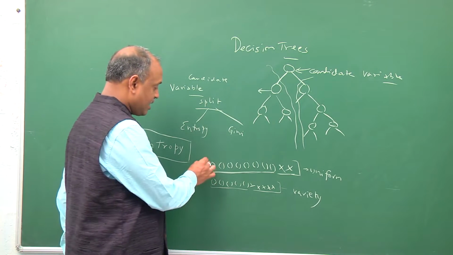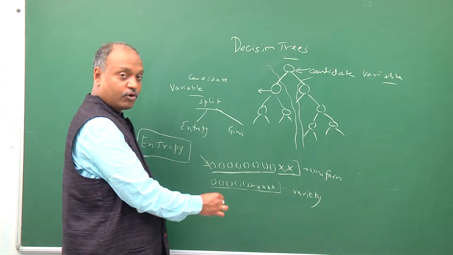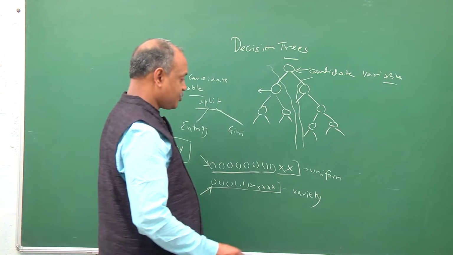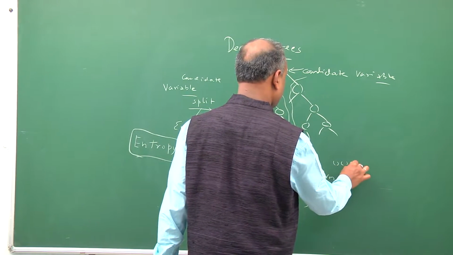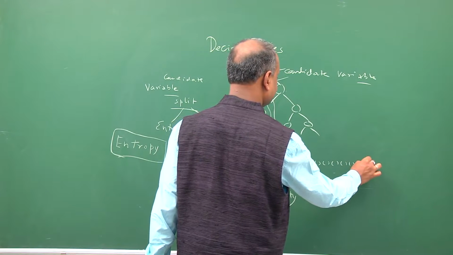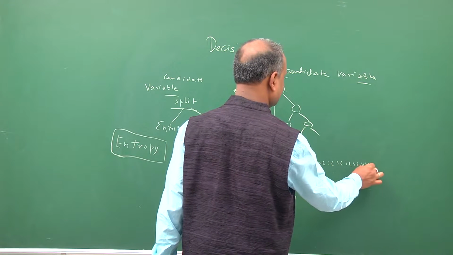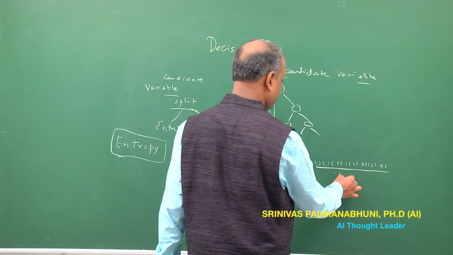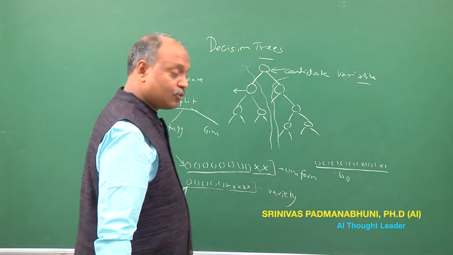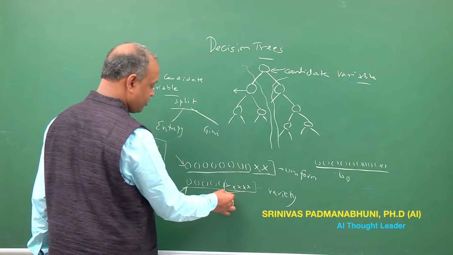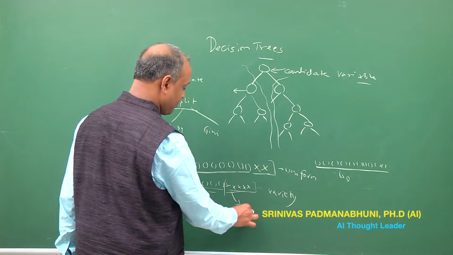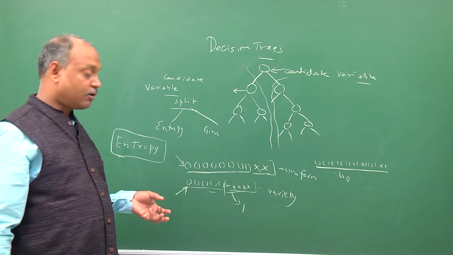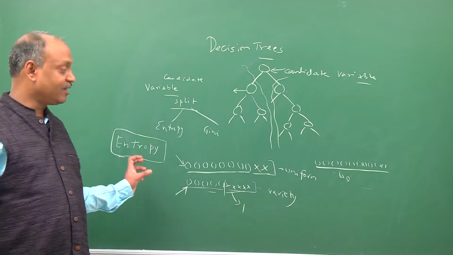So in this context, the entropy of the more uniform sample is lower than the entropy of the other. In the extreme case, if all of them are of the same type, we call that an entropy of 0. On the other hand, if you have something equally divided into two types, this has a perfect entropy of 1. So entropy is a quantitative measure of non-uniformity or variety in a sample.